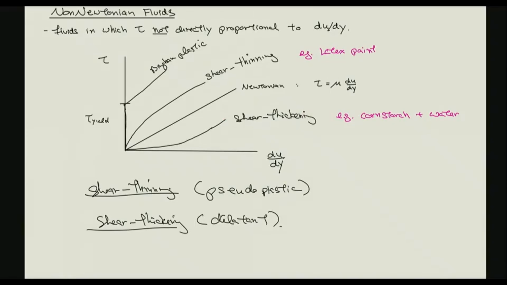Shear thickening versus shear thinning, where you have a greater resistance to motion for low shear stress, but for a greater shear stress, that resistance of motion diminishes. So latex paint.